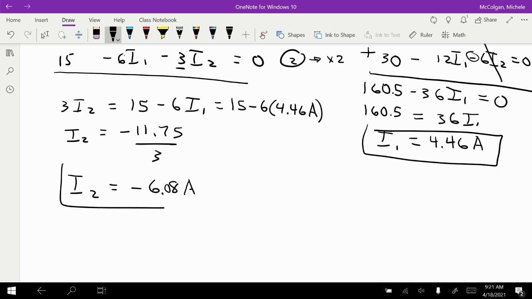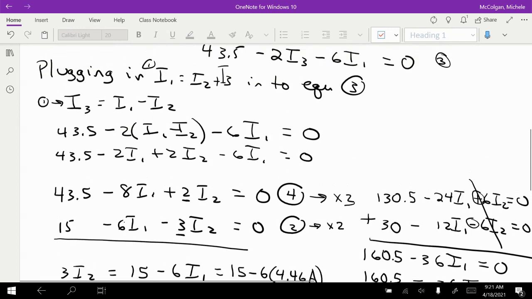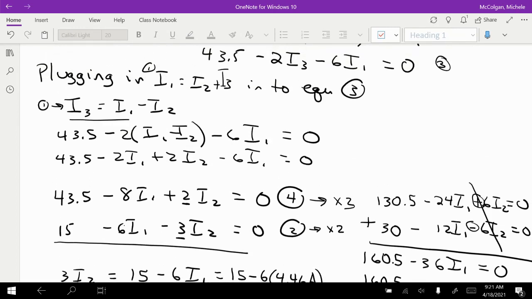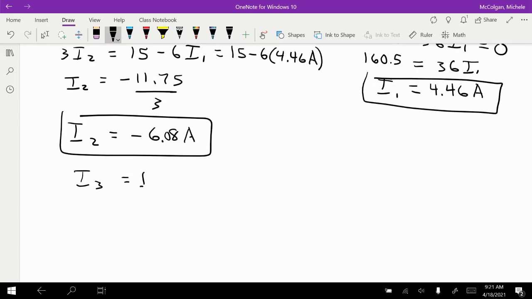And then for I3, actually, you know what I'm going to do for I3 is use this equation where we plugged in. I'm going to use this right here. So I1 minus I2, right? Back down here, I1 minus I2.